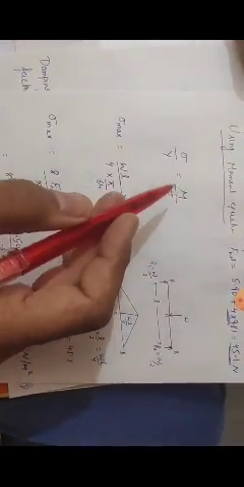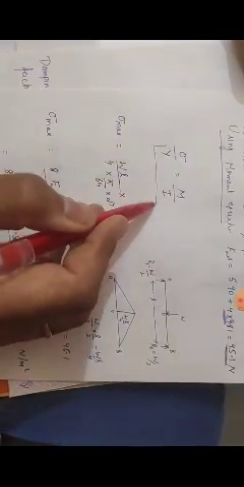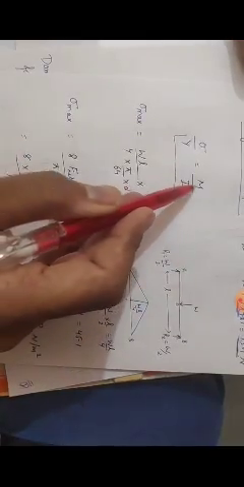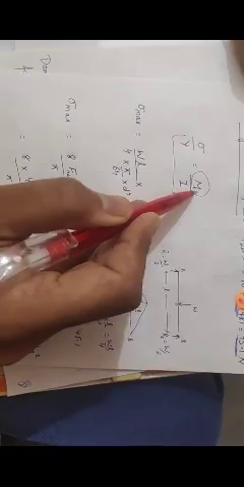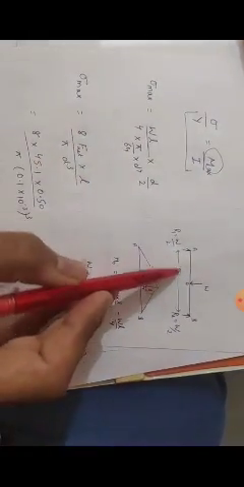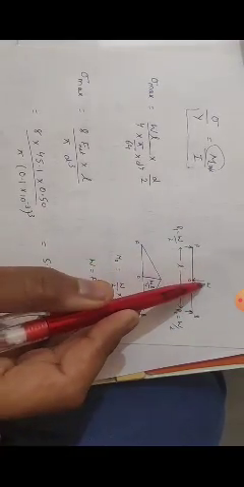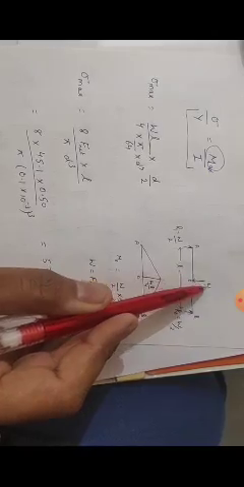Now we will simply use the moment equation. You know M by I equals sigma by y equals E by R. Using this equation M by I equals sigma upon y, we need M, the maximum bending moment. You have studied this case in strength of materials. This is a simply supported beam with load W acting.